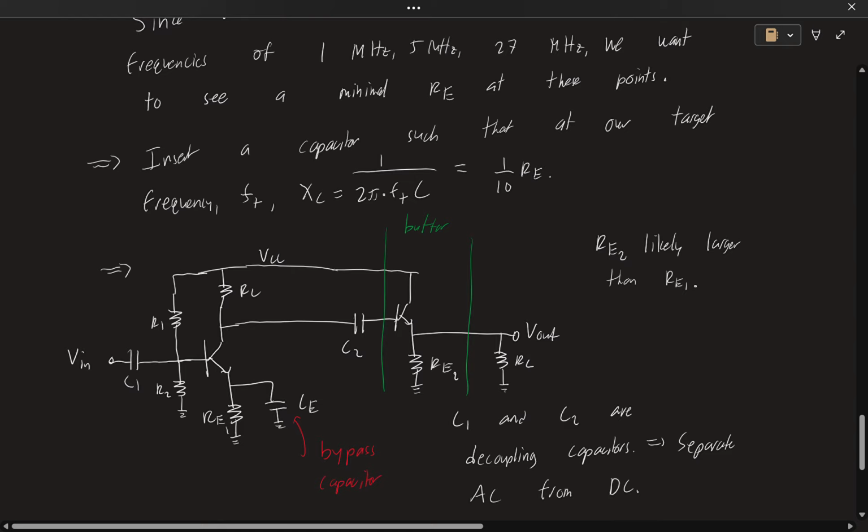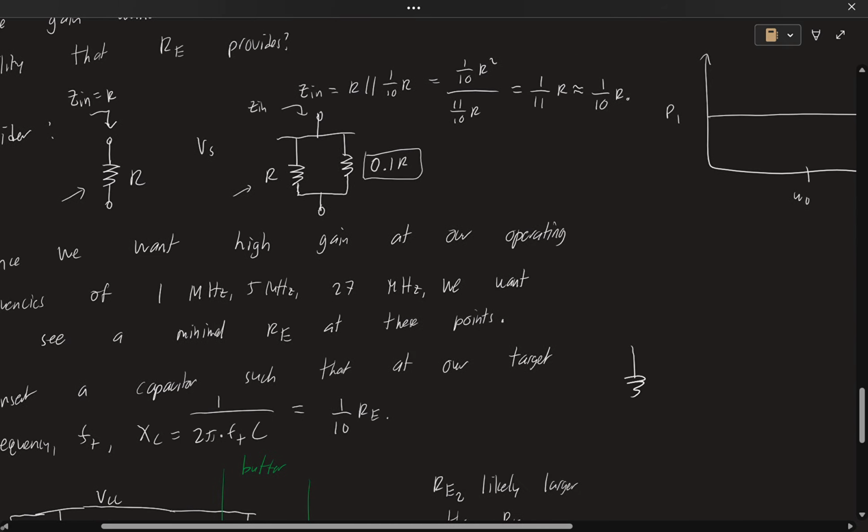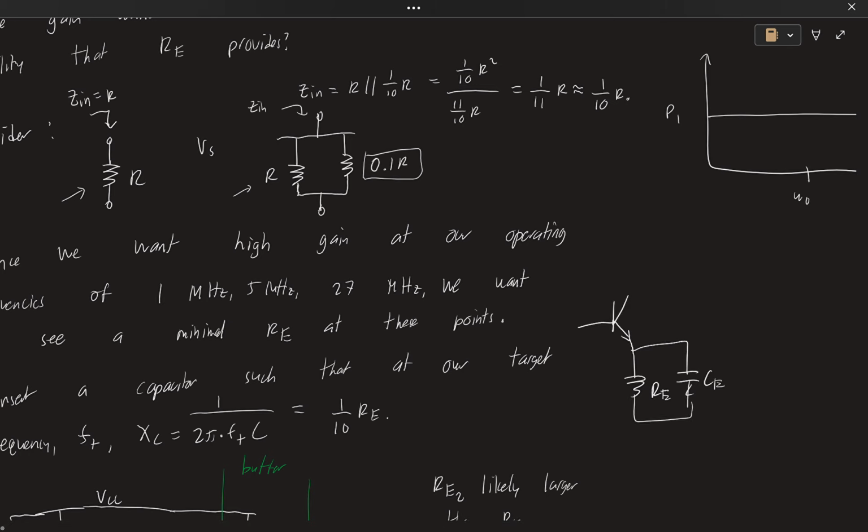Okay, so what does this look like? Looks like this network here. And I'll draw this on the side. So for our normal BJT structure, it's going to be something that looks like this. Okay, RE. Let's make this going to ground. It's going to look something like this, right?